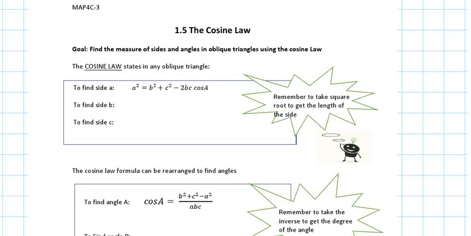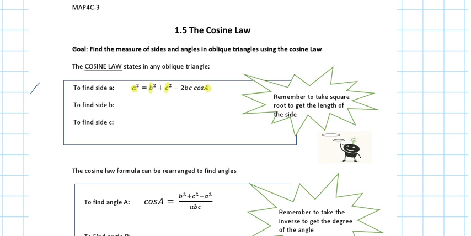So you see that with A, I'm looking for side A, I have to know B, C, and I have to know angle A. Let me show you here.